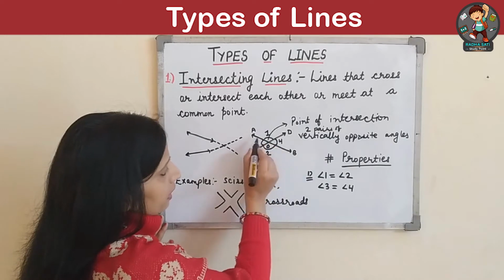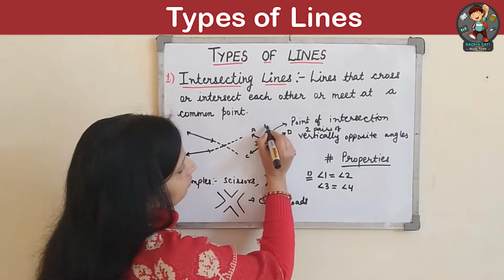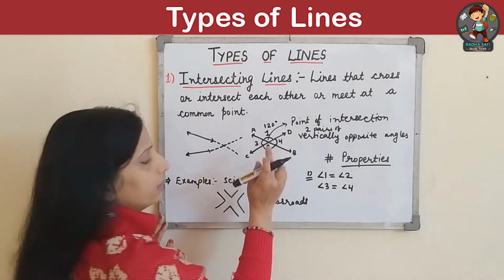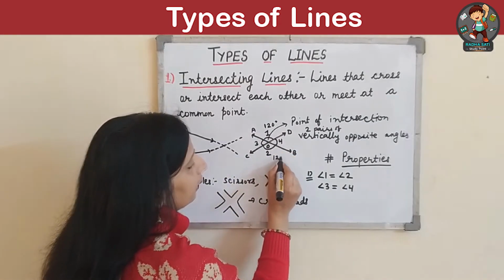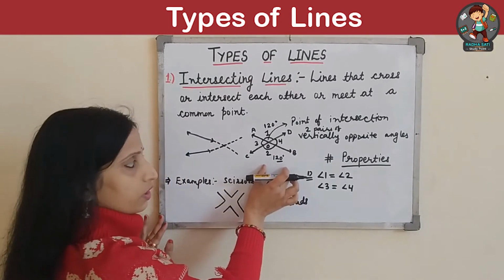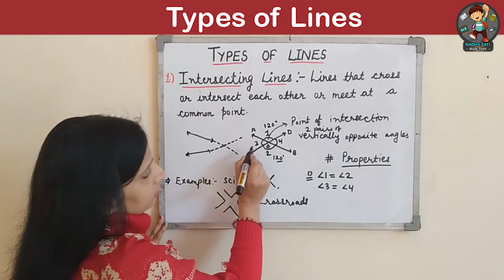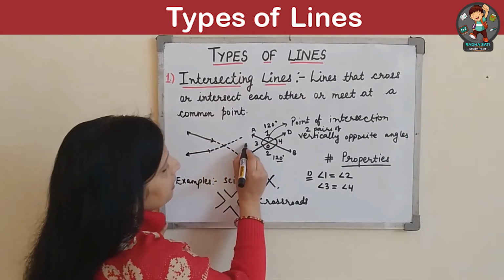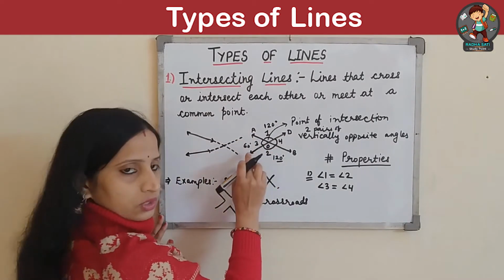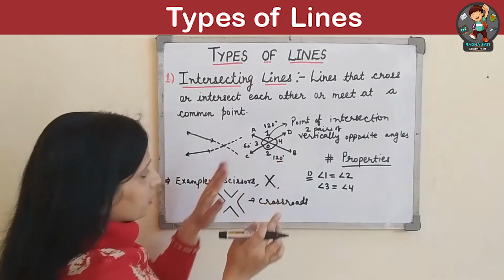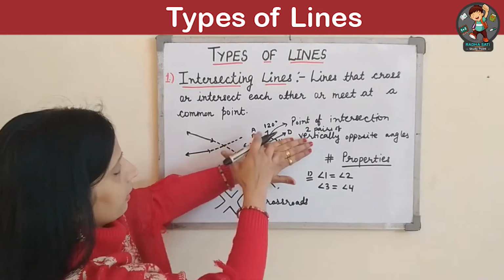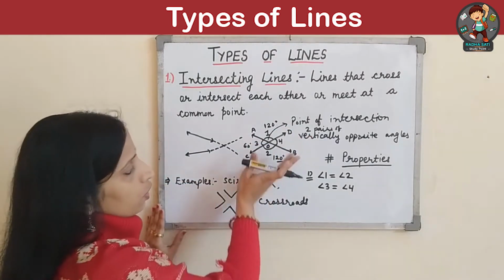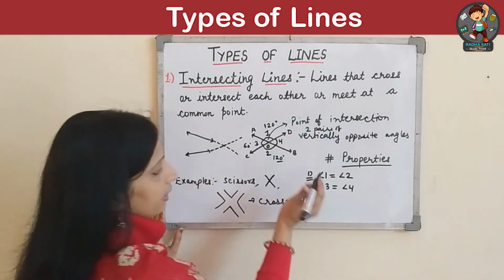For example, if this angle AOD is 120 degrees, then the angle COB will also be 120 degrees. And if it is 120 degrees, then angle AOC will be 60 degrees, as per the property of a straight angle. Angle 1 plus angle 3 will be equal to 180 degrees because they are forming a straight angle.